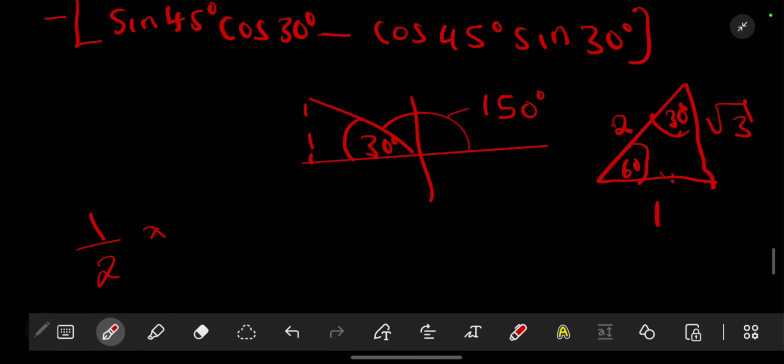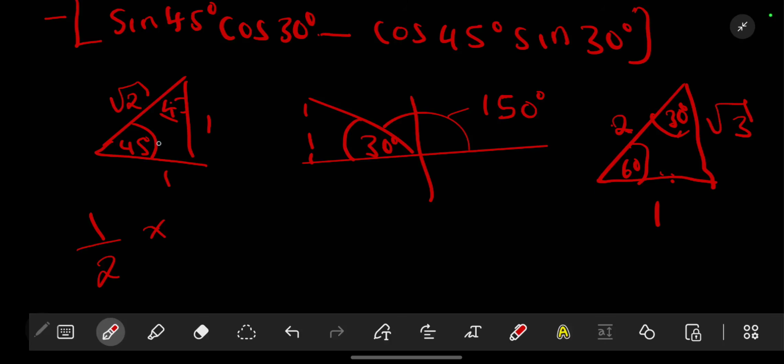Then the cosine of 45, if you look at the cosine of 45, the triangle looks like this. 45 has got two values, 45 degrees, 45 degrees. The opposite sides on both sides are 1 and 1. Then here we have the root of 2, like that.